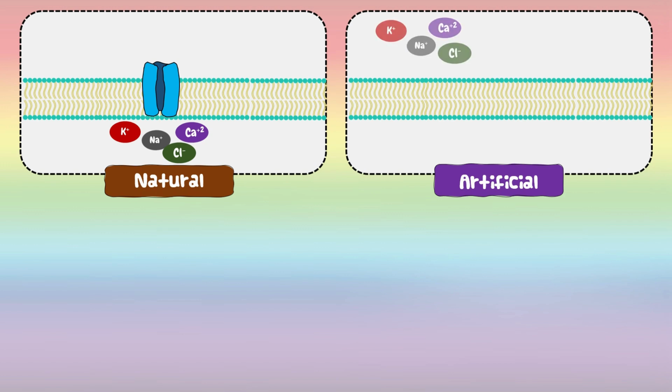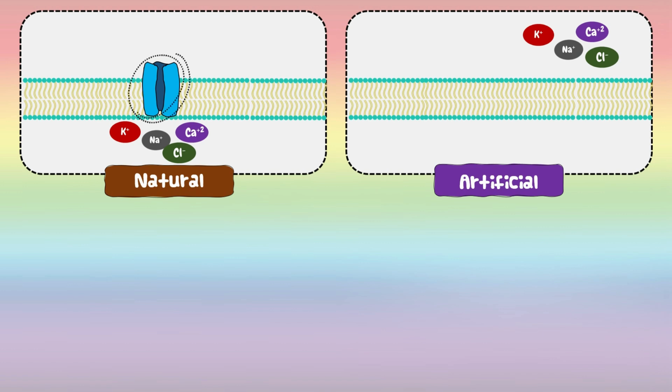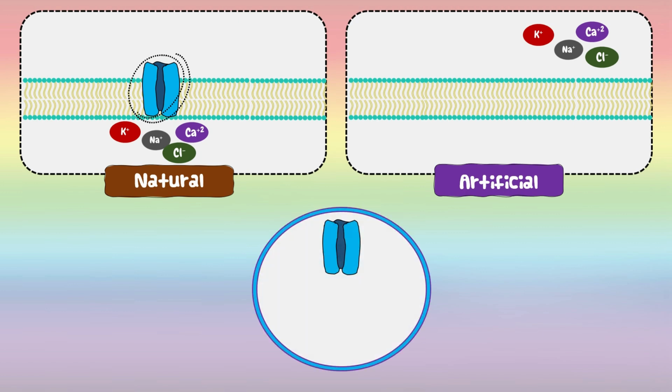Moreover, artificial lipid bilayers containing no protein are practically impermeable to these ions. This indicates that the protein component of the membrane is responsible for these permeability differences. An important characteristic of ion channels is that they can show selectivity for the type of ion or ions that can diffuse through them.